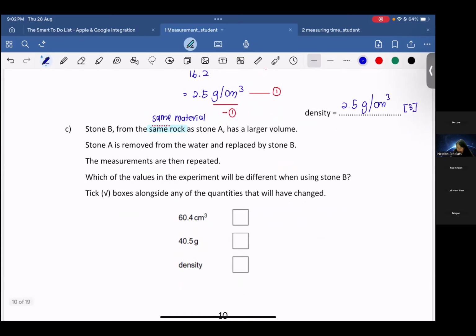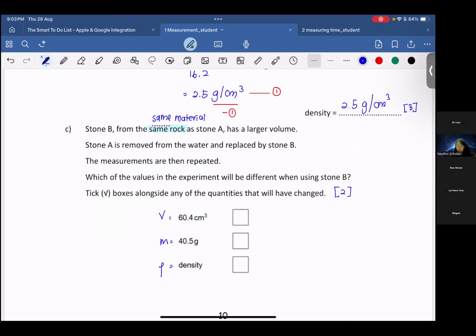Type your answer in the chat box and let me know. Just tell me whether it is volume, mass or density. Which one will change? This question is 2 marks, so that means you have 2 answers. How about the others?